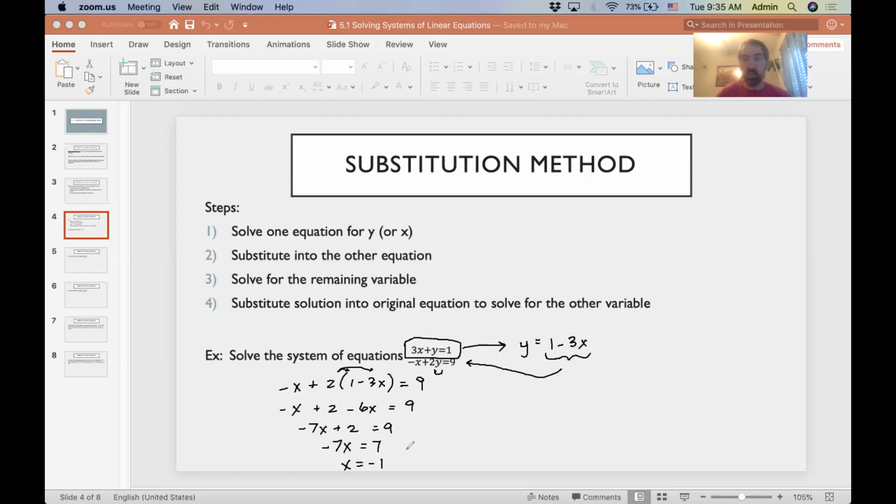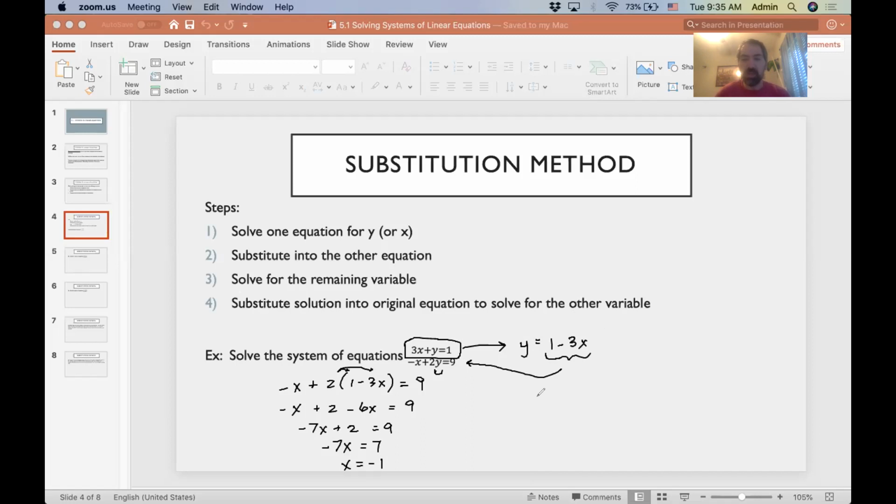Now my solution is an ordered pair, x comma y. So after I found my x, I'm moving to step four. I'm going to substitute negative 1 back into really either equation, but I'm going to substitute it into the first equation where I have already solved for y. That's going to make it easier to find my y value.